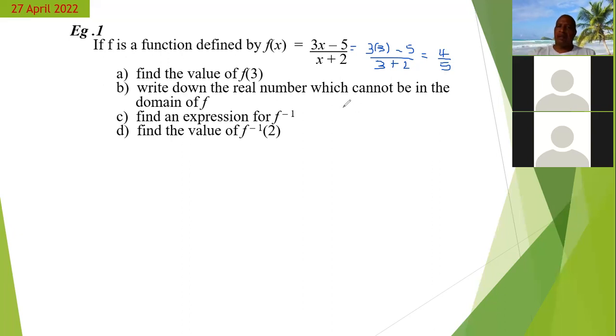Suppose I have a fraction of 3 over 0. Is that possible? No. So it means that if the denominator is 0, then the function or the fraction will be undefined. So which value of x would make the denominator of this function become 0?